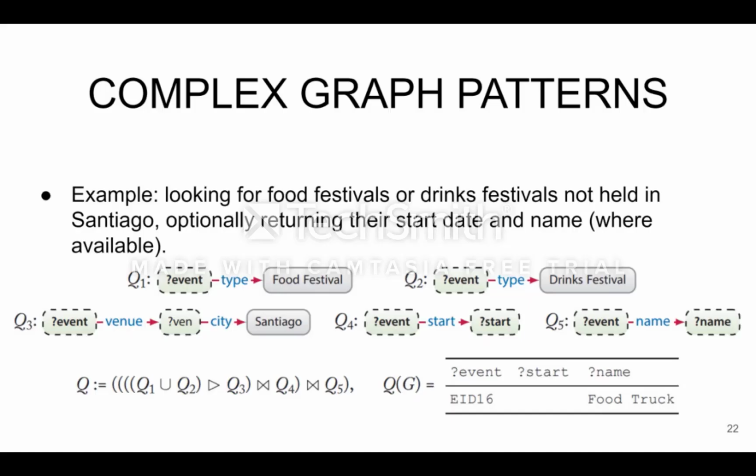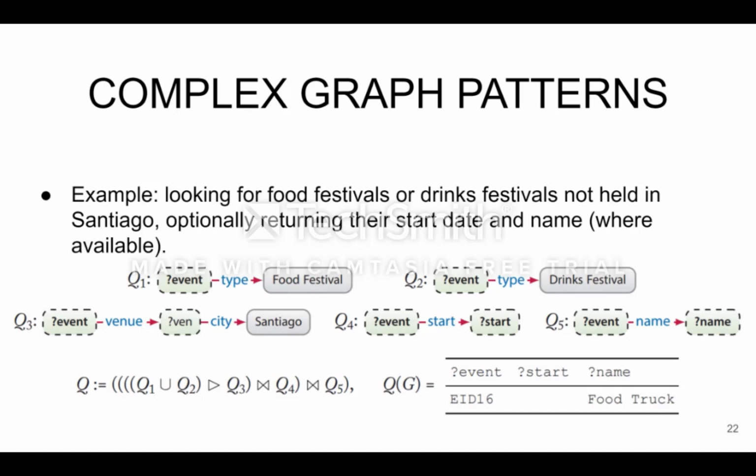As you can see, with Q1 we will find events of type food festival, and with Q2 we will find events of type drinks festival. With Q3 we will find venues in the city of Santiago, and then find the events in this venue.